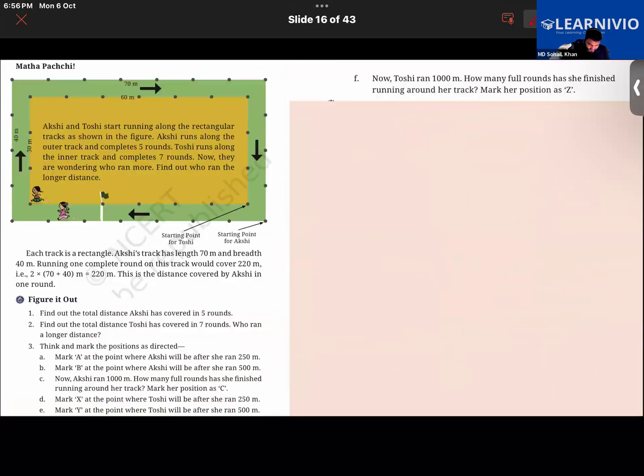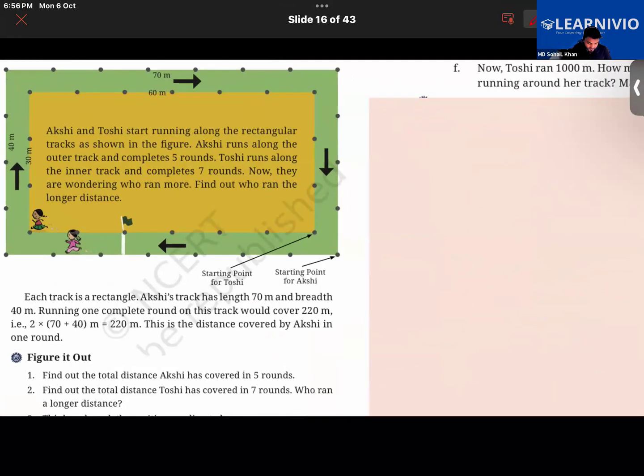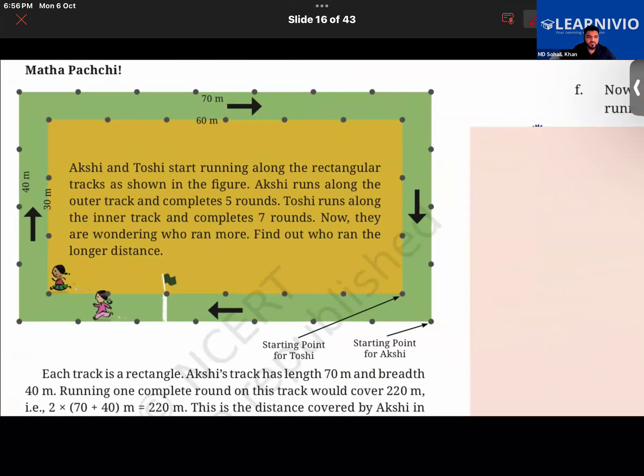Now moving on to next question here. Look at this one. See, there are two girl child here, Akshi and Toshi. They start running along the rectangular track as shown in the figure. This is the rectangular track here, the one in the green color. They both have started running in this.